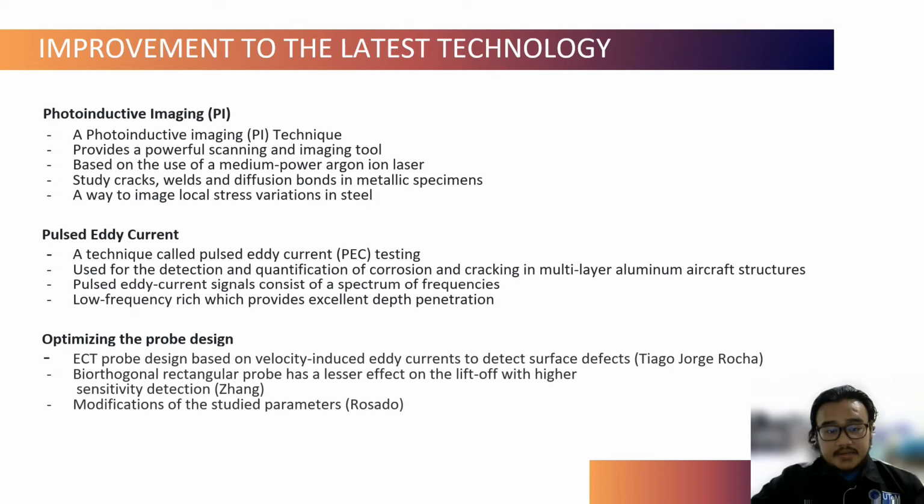Pulse eddy current. Research is currently being conducted on the use of a technique called pulse eddy current (PEC) testing. This technique can be used for the detection and quantification of corrosion and cracking in multi-layer aluminum aircraft structures. The pulse eddy current signal consists of a spectrum of frequencies, meaning that because of the skin effect, each pulse signal contains information from a range of depths within a given test specimen.